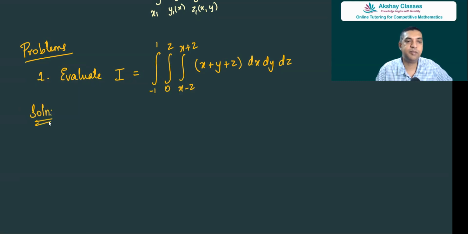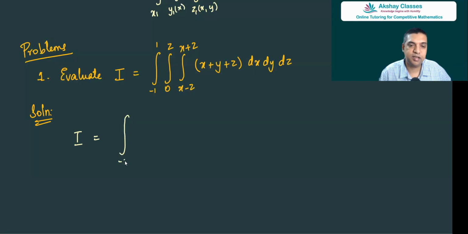Now look at the limits. Based on the limits, you have to judge the sequence of integration. The first limits are the functions of x and z. That means first we are integrating with respect to y. Y is a function of x and z.